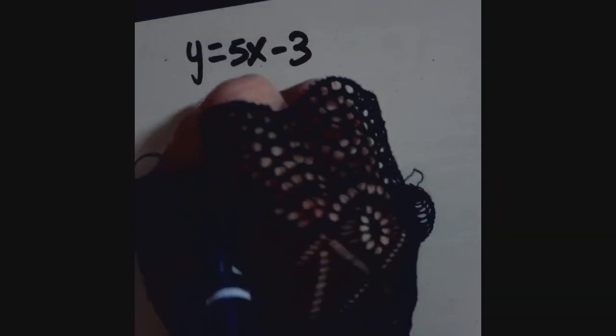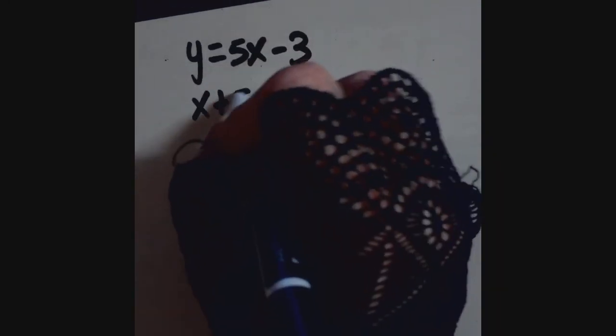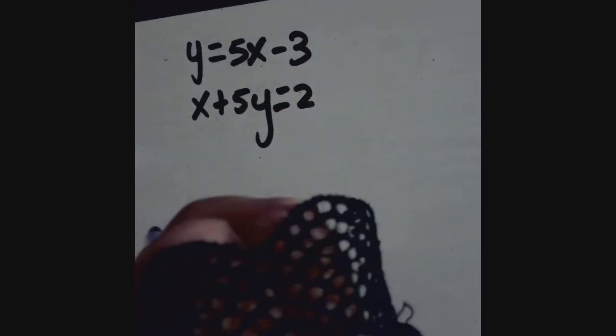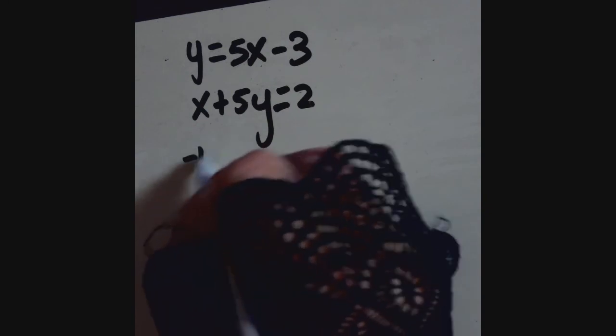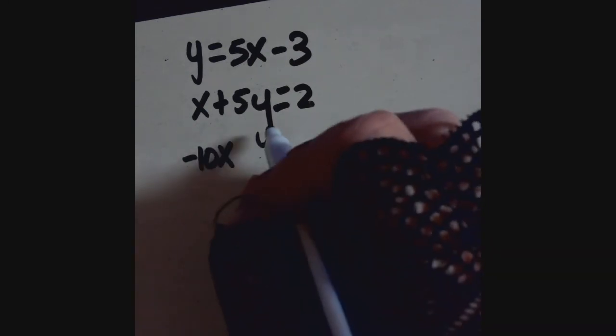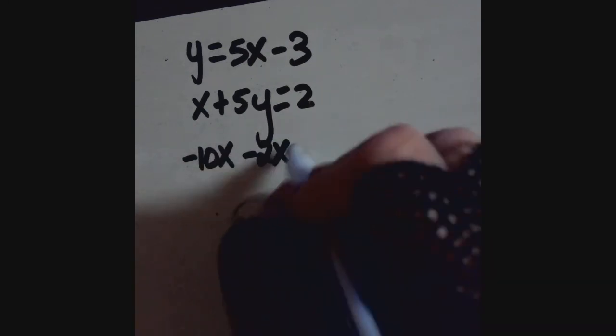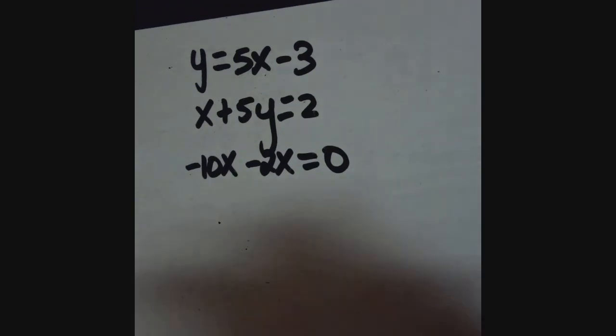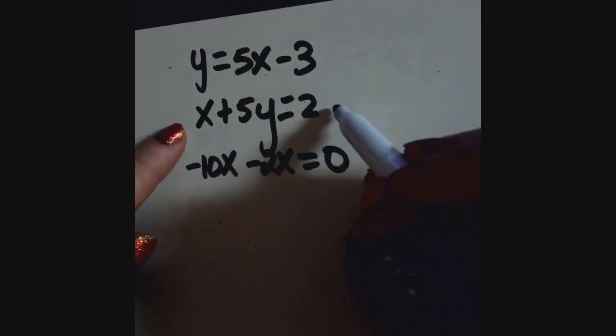So the first one was y equals 5x minus 3. That's fine. Then the next one's x plus 5y equals 2. Then the next one is -10y minus 2x equals 0. All right, so we want to be able to see which ones, if any, are parallel or perpendicular. So let's go ahead and solve this for y.